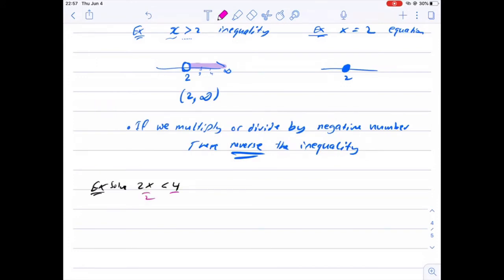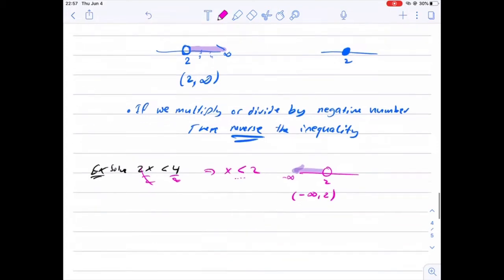So we divide both sides by 2. And that gives us x is less than 2. On the number line, we have 2. It's open because we don't have equality here. x is less than 2. Any value less than 2, that means all values here. That means from negative infinity to 2. That's the solution set.